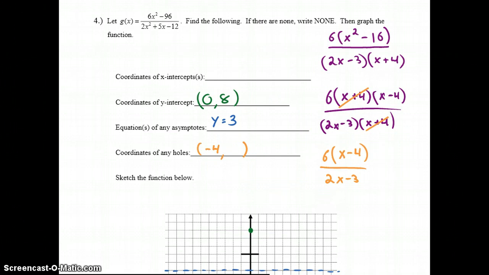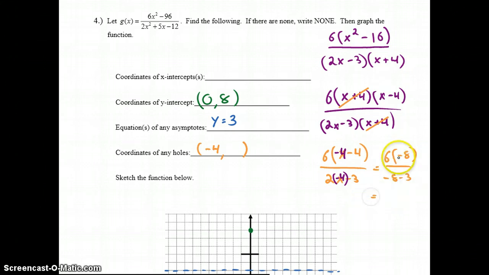So I can evaluate at x equal to negative 4, because this function will be defined there, and I can see where that hole would have been. This gets me 6 times negative 8 over negative 8 minus 3.